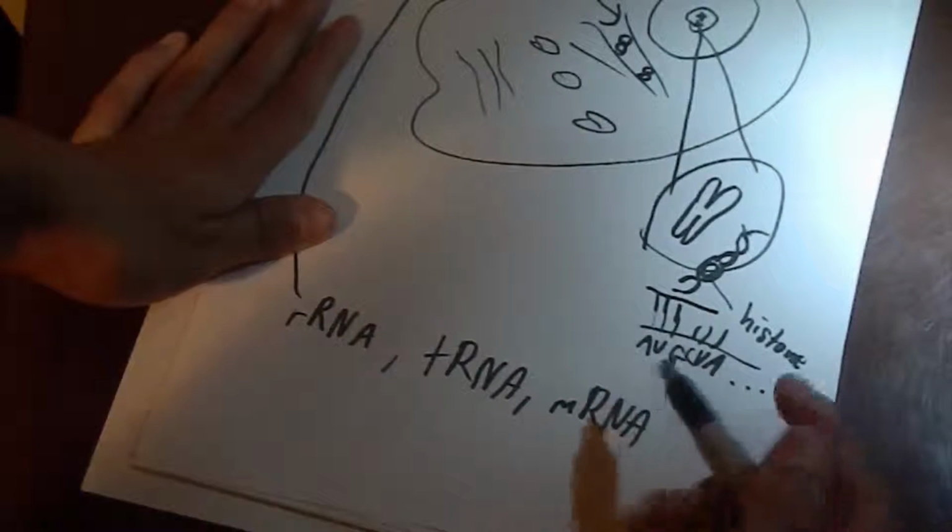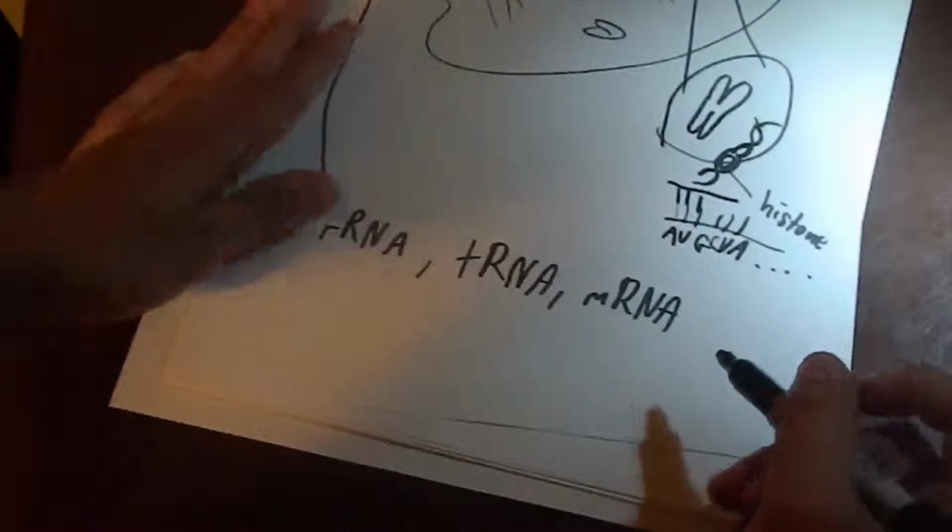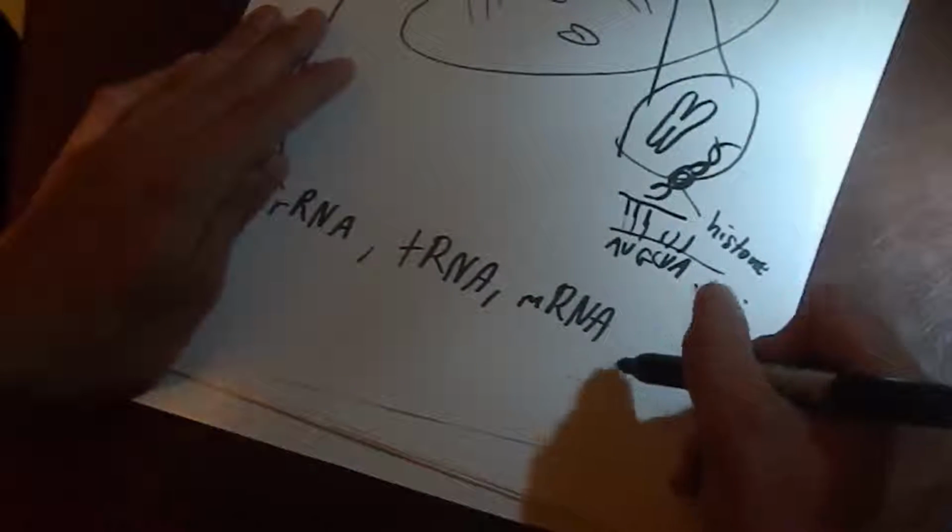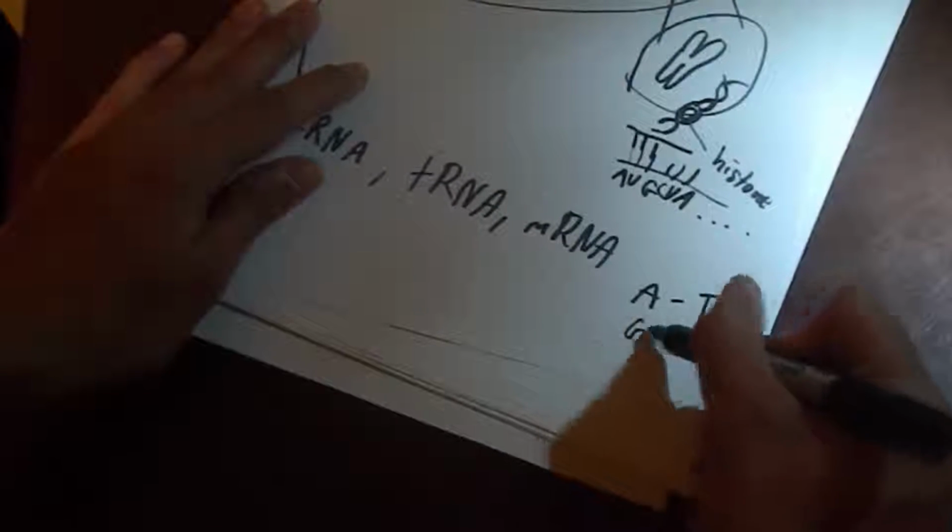So in RNA, as you may know already, in DNA, adenine, which is A, binds to thymine, and guanine binds to cytosine. But in RNA, thymine is replaced with uracil.